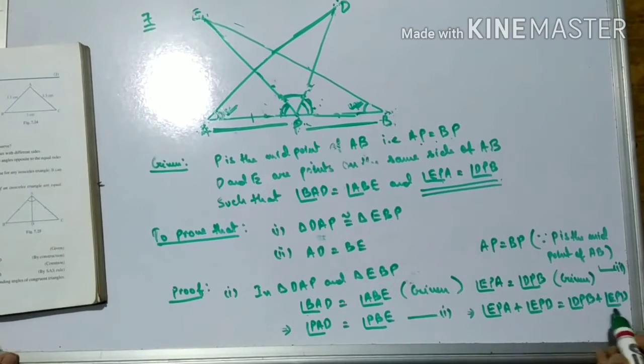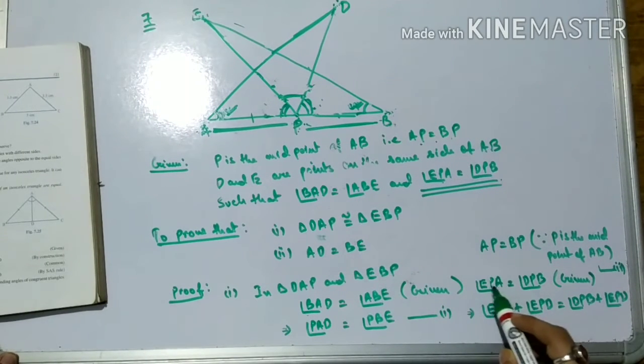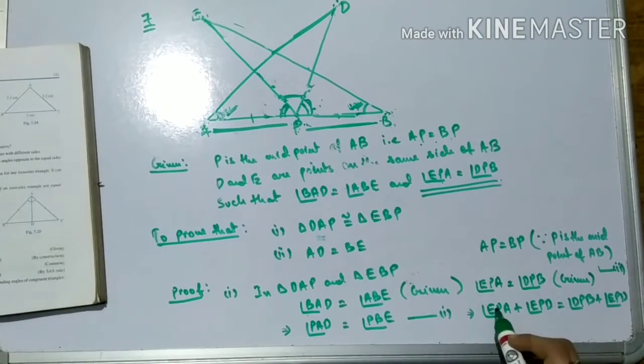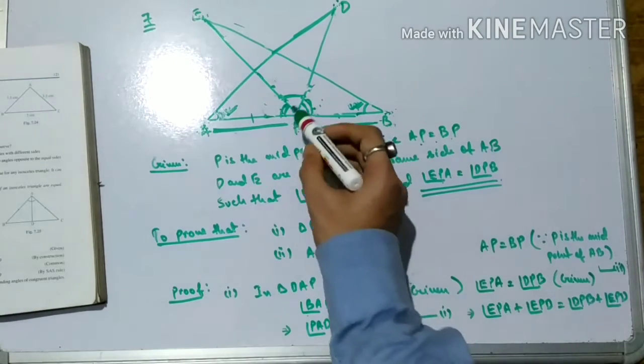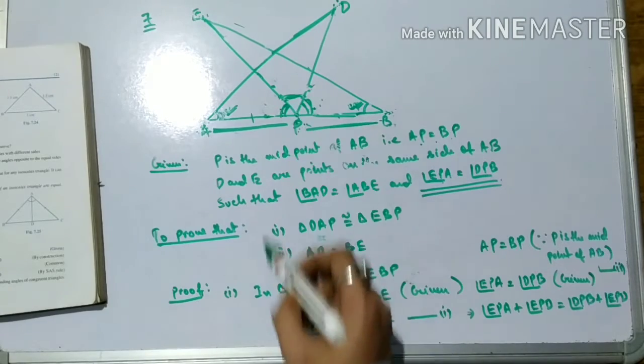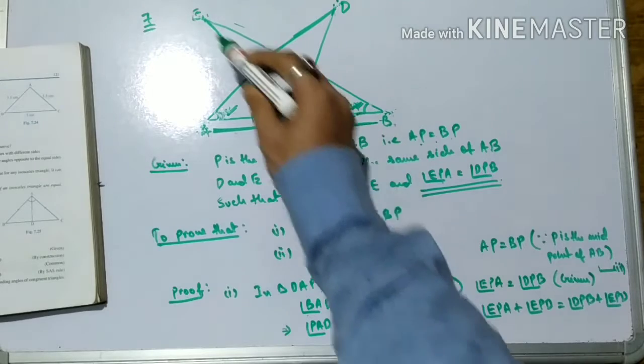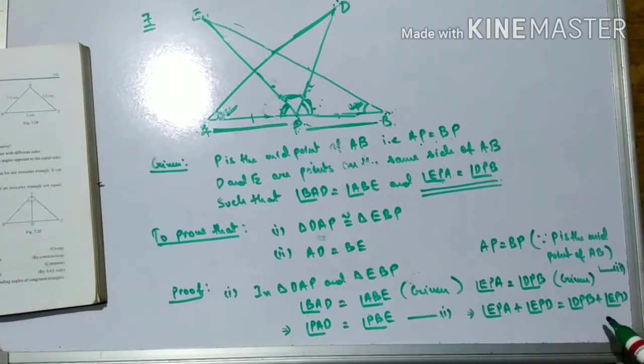Understand? Angle EPD, both sides I will add. This one is given, no? Angle EPA is equal to angle DPB, and on both sides I add angle EPD. That means this angle I will add on both sides.